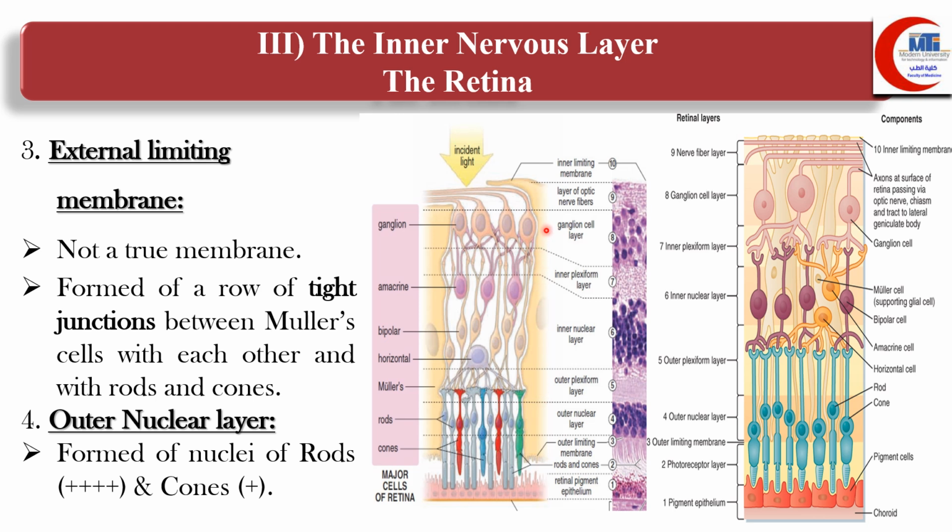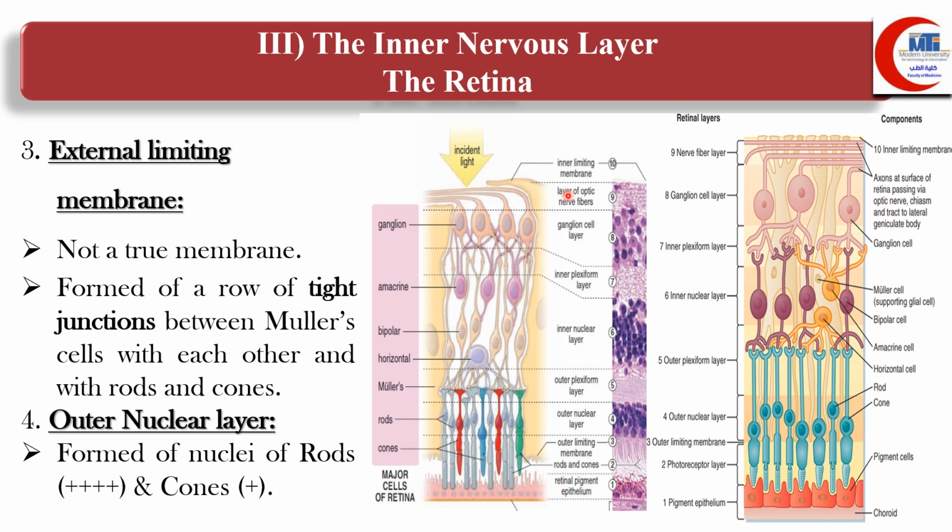These are the Müller cells, and these are the outer parts of the Müller cells, and this is the inner parts. The outer part of the Müller cells is responsible for formation of the external limiting membrane, while the inner parts, the bases, form the internal limiting membrane.